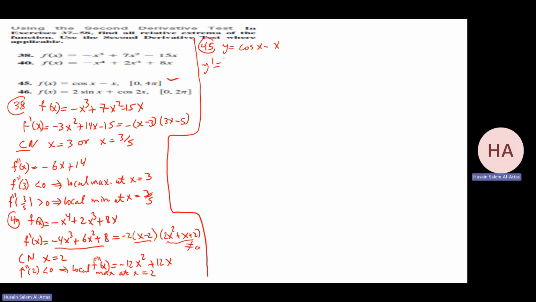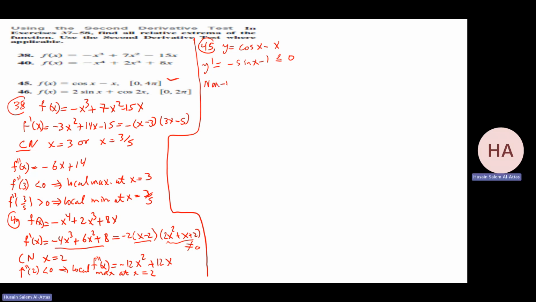Y prime will be minus sin x minus 1. Yeah, for sure, this is always less than or equal to 0. So the function is a decreasing function or non-increasing function. So there is no relative extreme. It is always negative, so it's always decreasing or constant, non-increasing function.